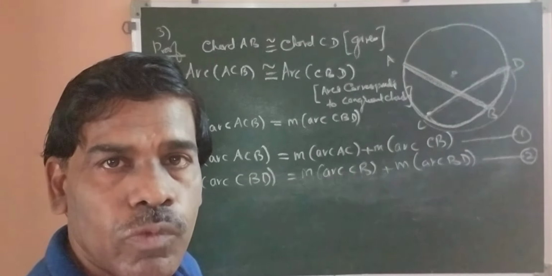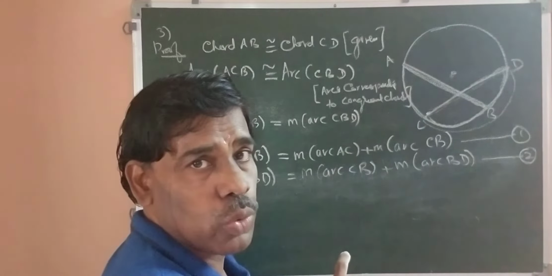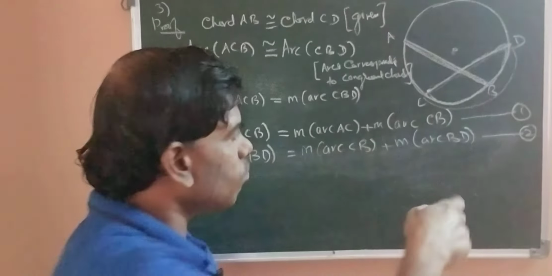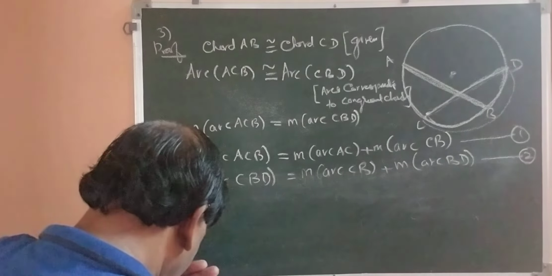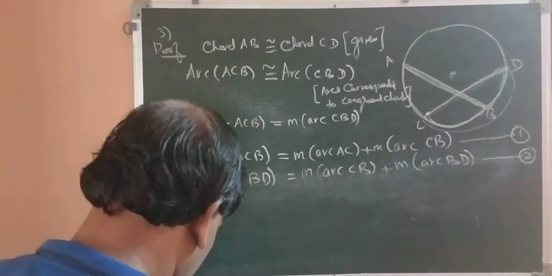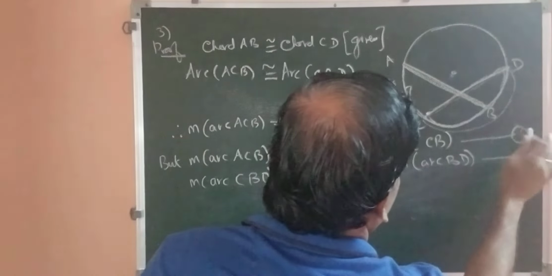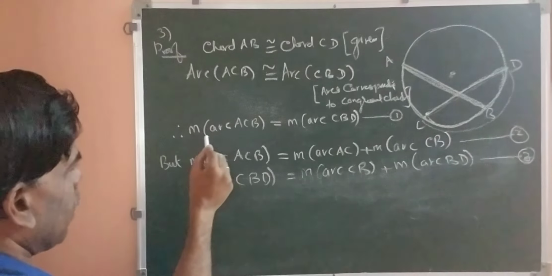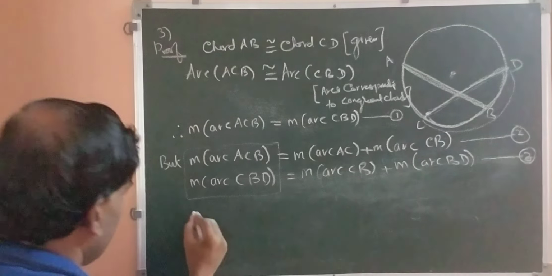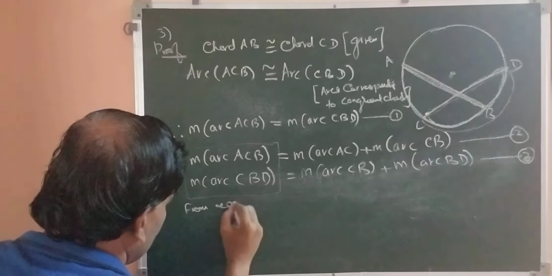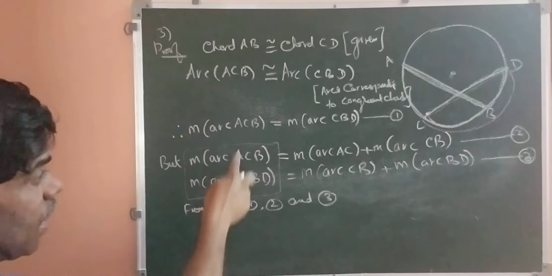See, this I have written as the sum of these two things, and this I have written as a sum of these two things. So this is 1, this is 2, this is 3. Now look at this, measure of ACB equal to CBD, that means these two are equal. From equations 1, 2 and 3, see left hand sides are equal.